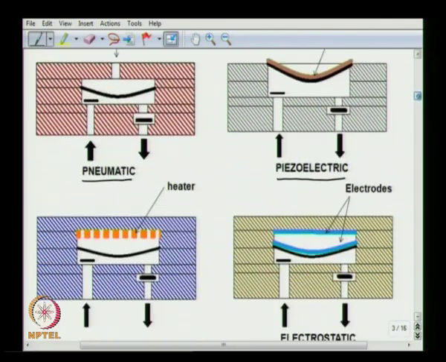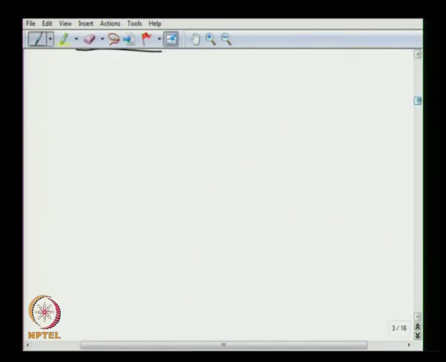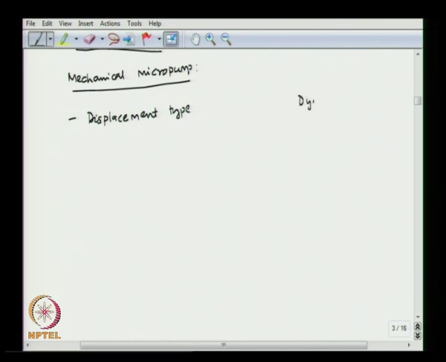Okay. So, if we do a categorization, we do first mechanical micropump. The mechanical micro pump would have the displacement type and dynamic.